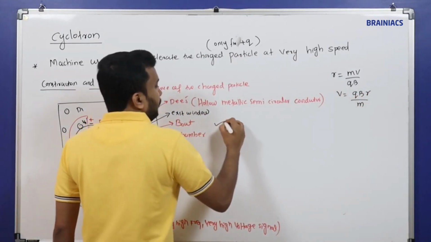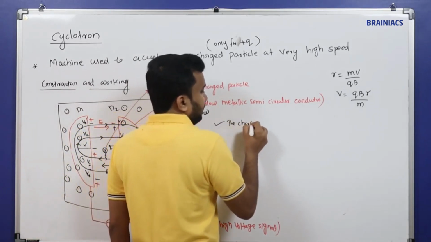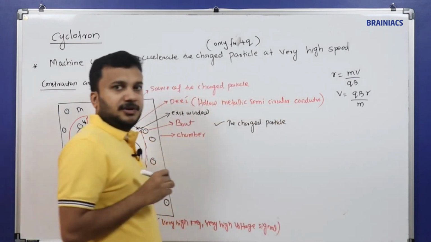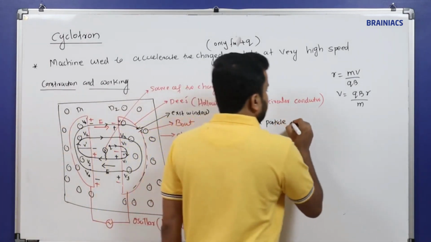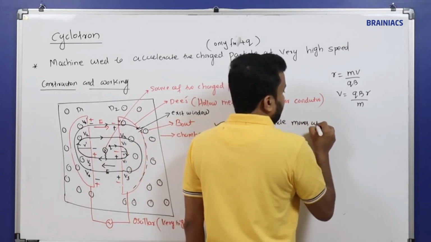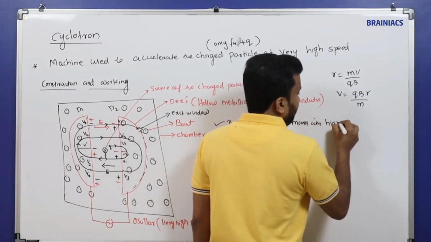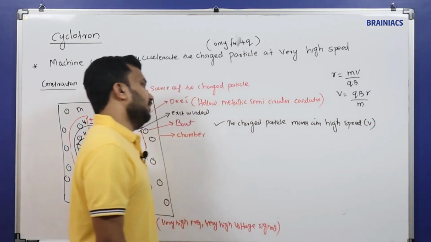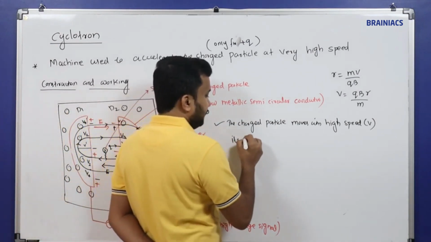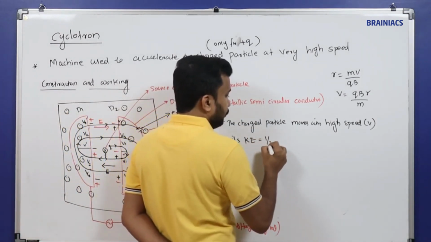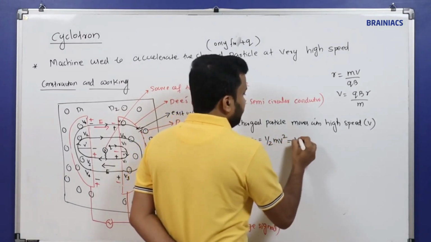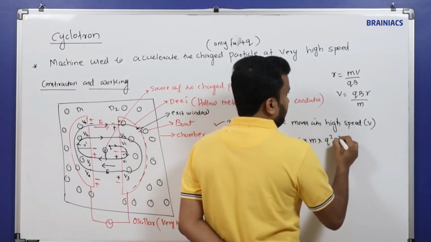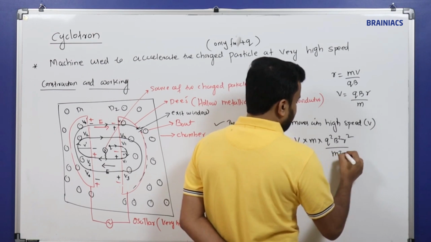So the charged particle moves with high speed v, and its kinetic energy is equal to half mv squared, which is equal to 1/2 times m times q squared B squared R squared by m squared.